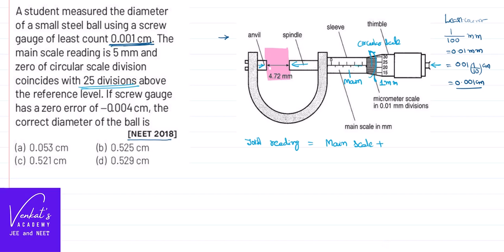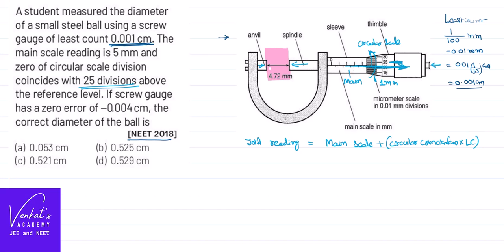Here it is showing some kind of coincidence, and this coincidence is given for you in the problem, here 25. So the circular scale reading, or coincidence, is multiplied by the least count of the device. That gives you two parts of the reading.